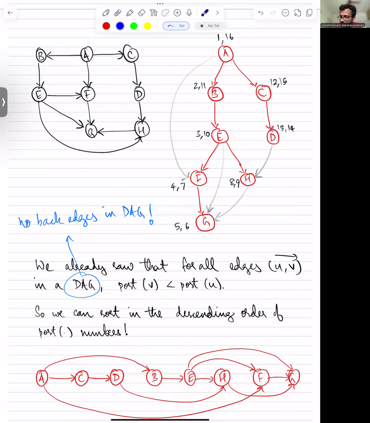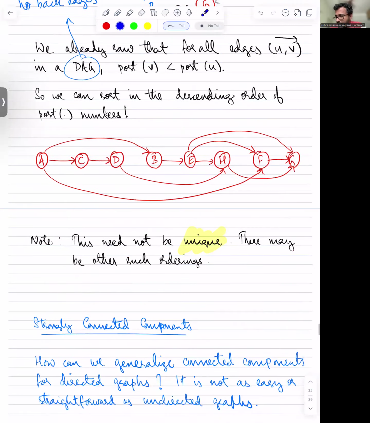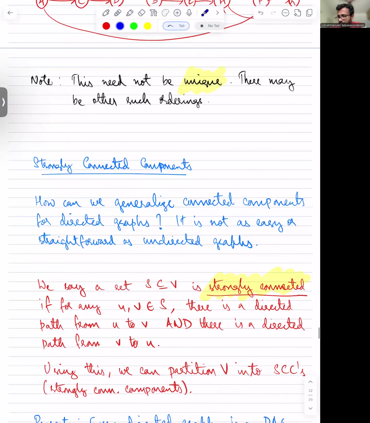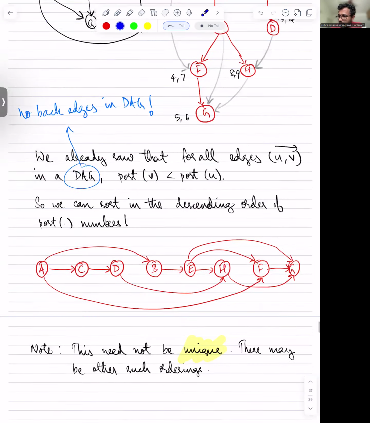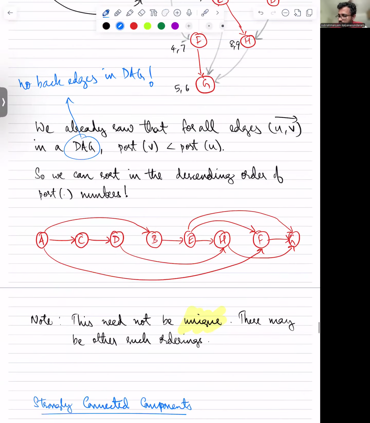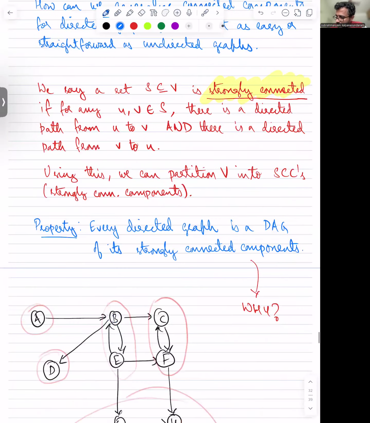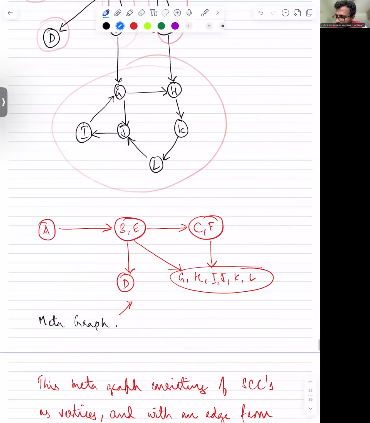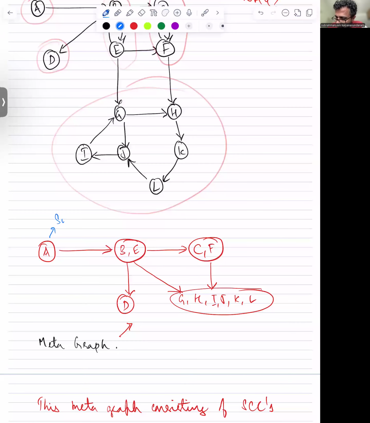So this is something I want to just say. Maybe I'll write here. This is a source, no incoming edges. So for any directed graph, I can define source and sink. These two are sinks.